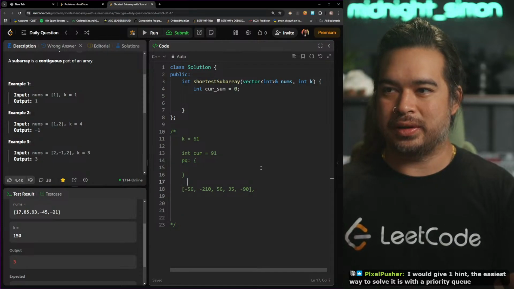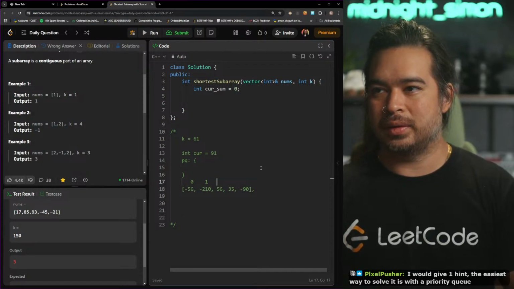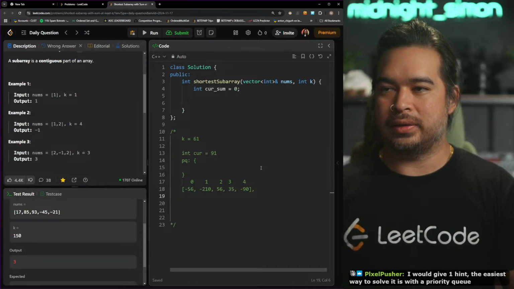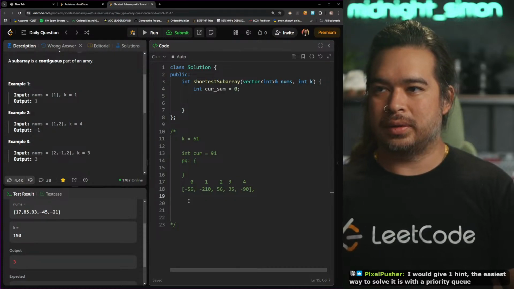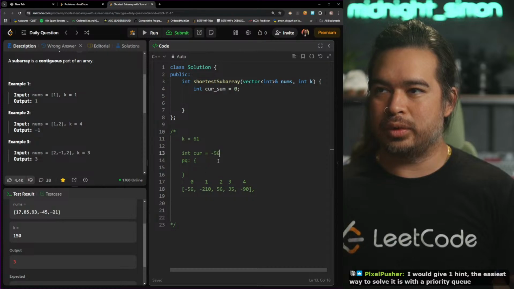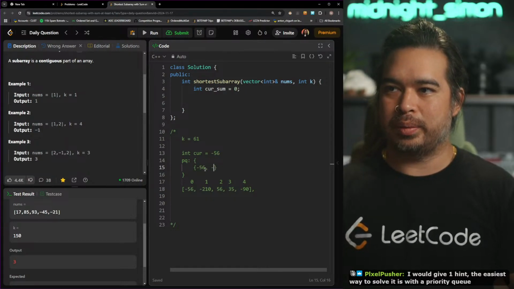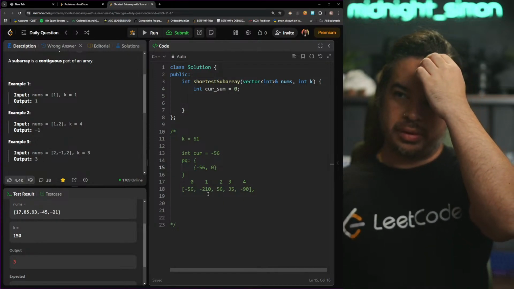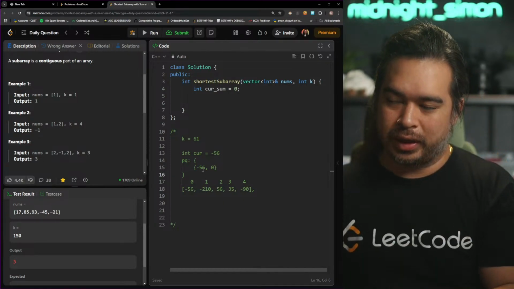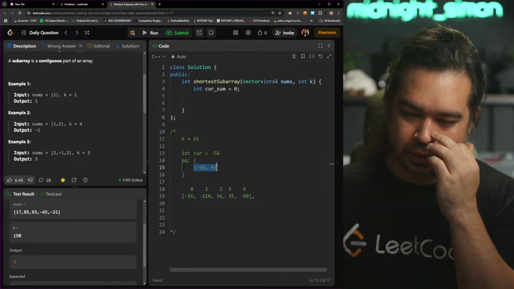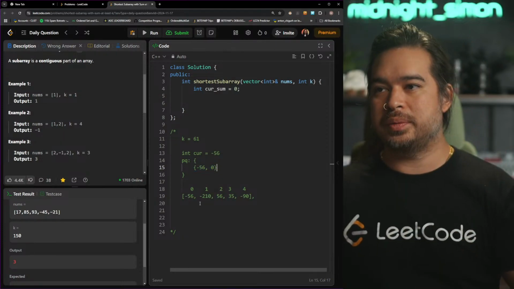And put some indices. And so right here, this sum would be -56. Maybe I'll put that in with wherever it showed up. I don't know what's on top of the priority queue yet. Maybe the smallest number.